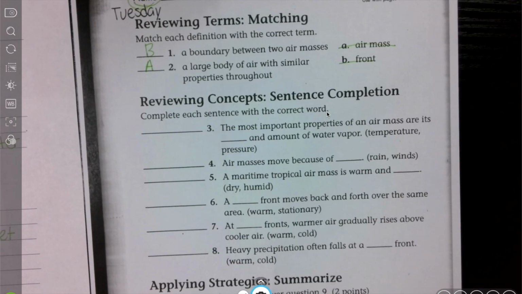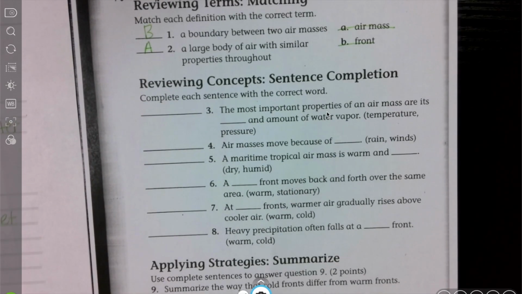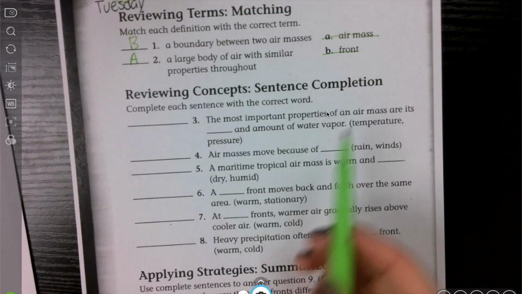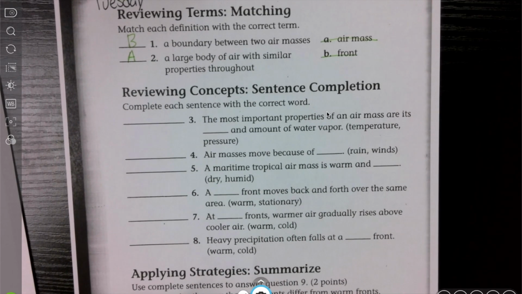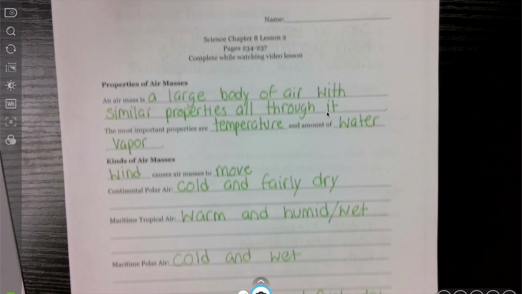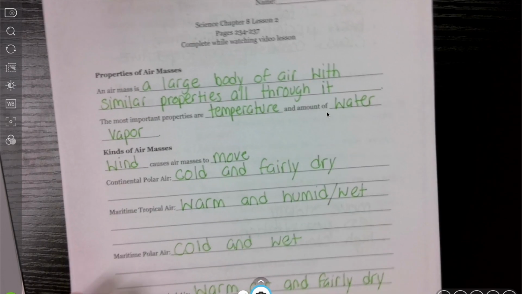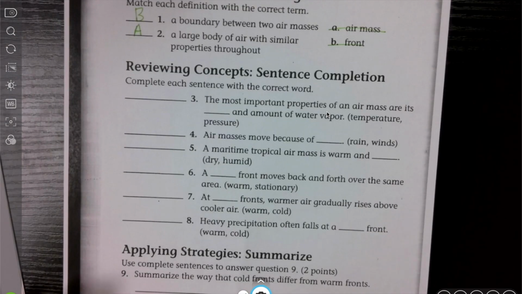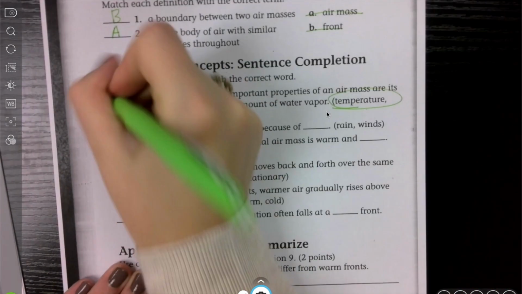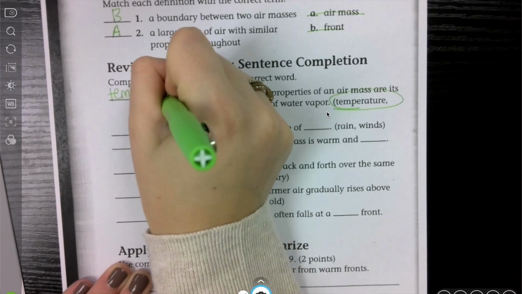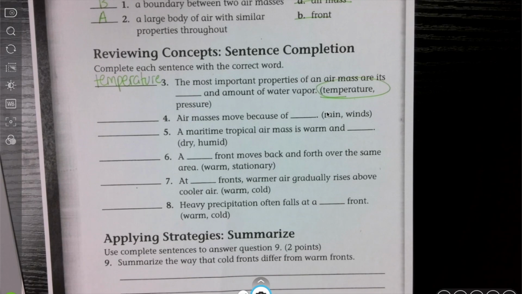And then moving on, we've just got completing each sentence. It says the most important properties of an air mass are its blank and amount of water vapor. I remember in my notes, the most important properties are temperature and amount of water vapor. So I know that it is the temperature. Air masses move because of what?